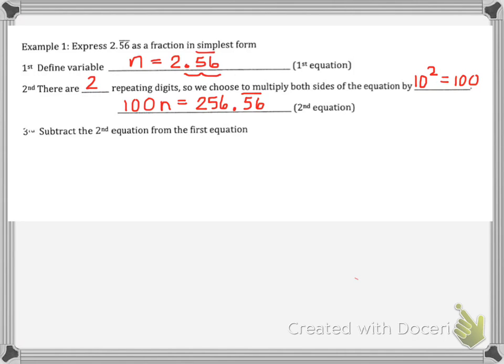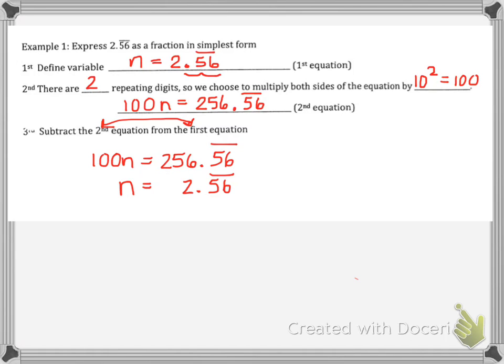Now for the third step, we subtract the second equation from the first equation. Actually, we subtract the first equation from the second equation. So let's switch those around. So we have our second equation, and then we're going to subtract our first equation from that.